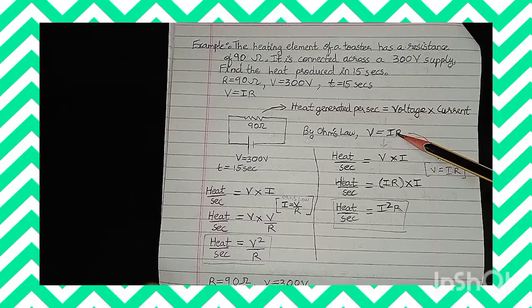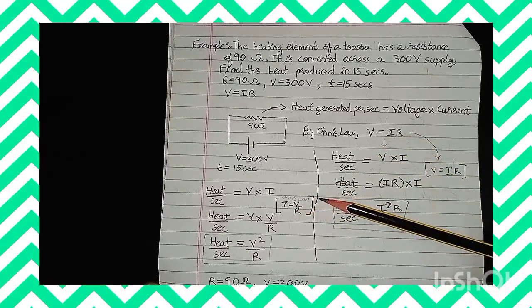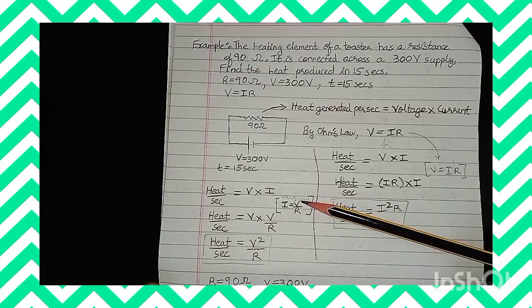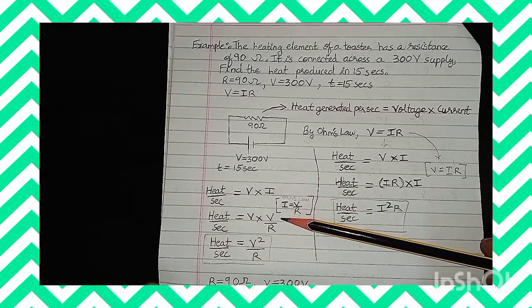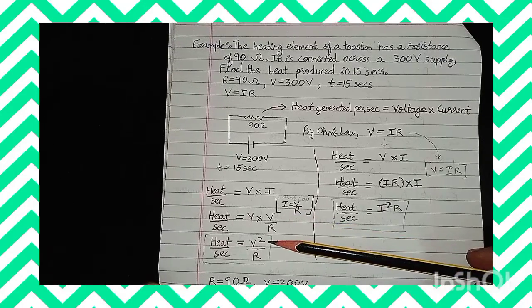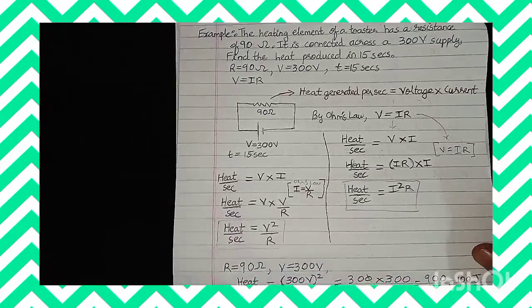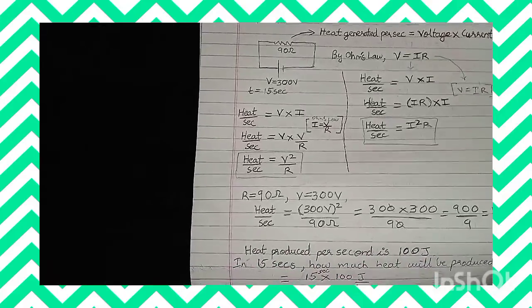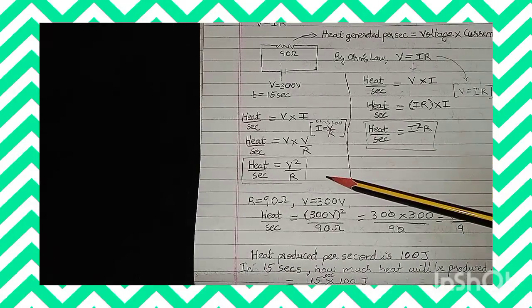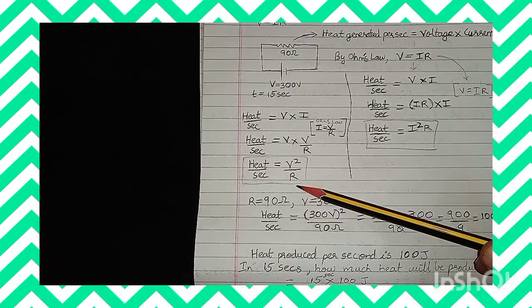You can take R in the denominator. So you have to substitute this value over here. You will get V into V divided by R. So heat per second is equal to V square divided by R. So you can use these two terms. I have selected this. Okay.